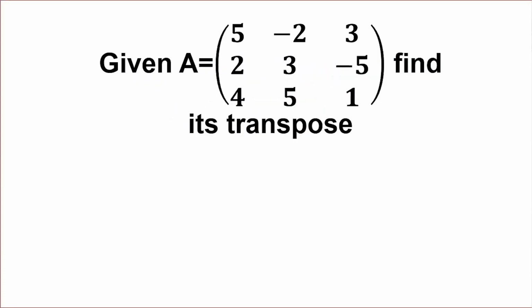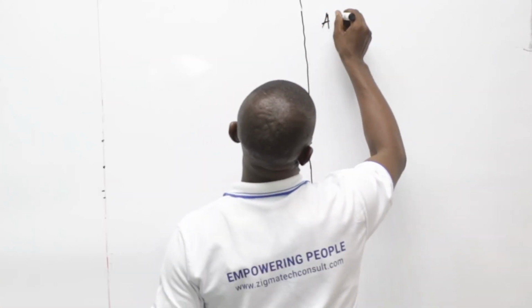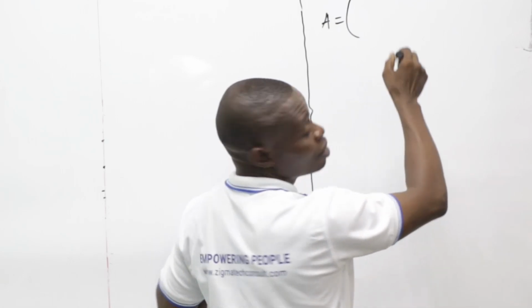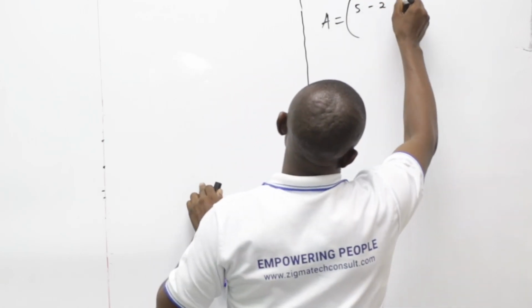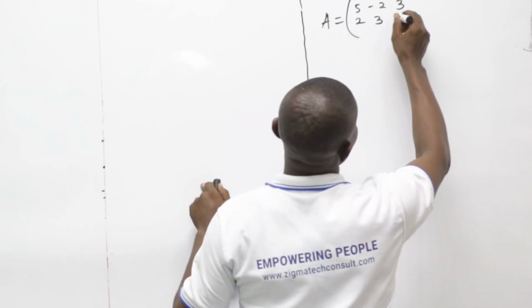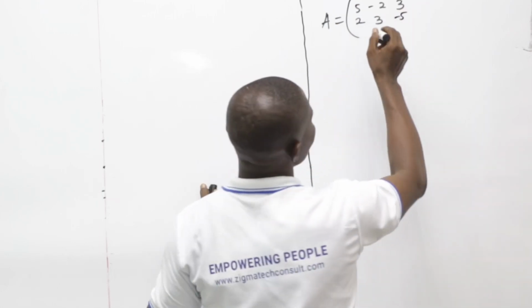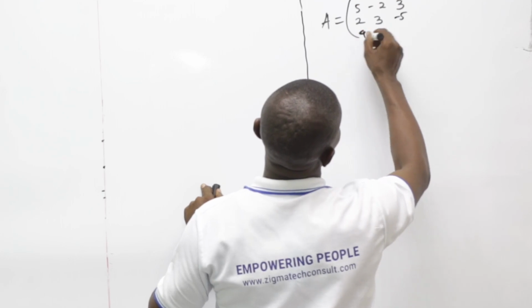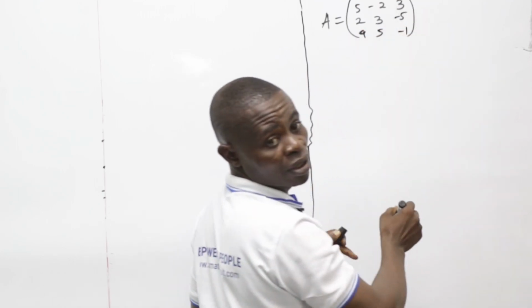Look at this. Given that A is this, find its transpose. You are not solving anything, you're just changing its position. So A being this: 5, minus 2, 3; 2, 3, minus 5; then 4, 5, minus 1.